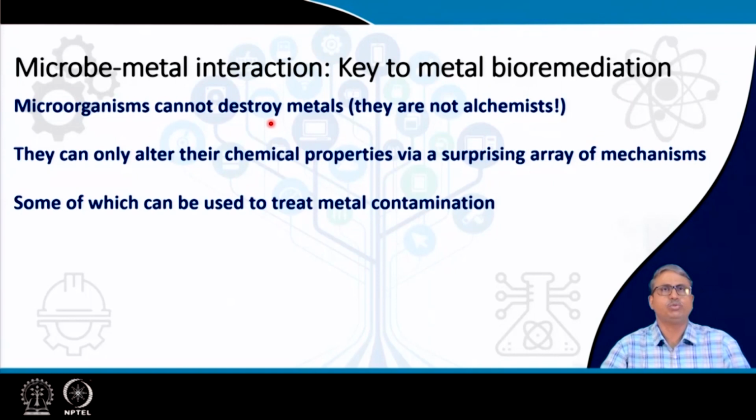These processes through which microbes interact with different heavy metals, metalloids and radionuclides are truly very diverse, and in many cases they can alter the chemical properties, sometimes making the metals more available to the rest of the ecosystem components, sometimes allowing them to precipitate, sometimes allowing them to be more solubilized, or sometimes allowing these metals to be sequestered or absorbed or accumulated within some microbial cells like bacteria or fungal cells.